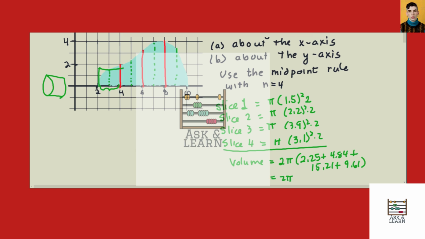So that's 2 pi times, let's add those together, 4.84 plus 2.25, and so on, about 31.91, times 2 times pi. I get about 200.